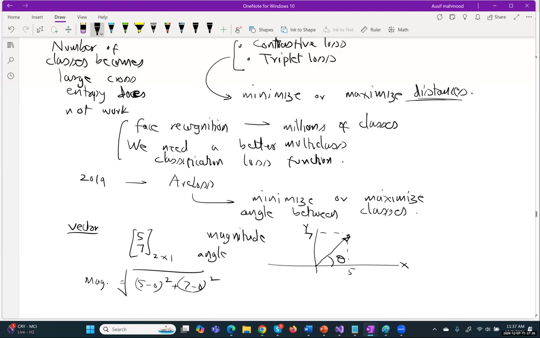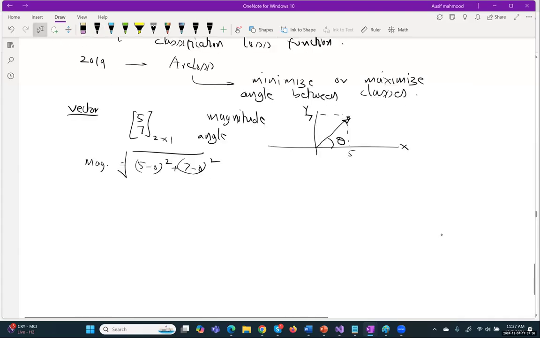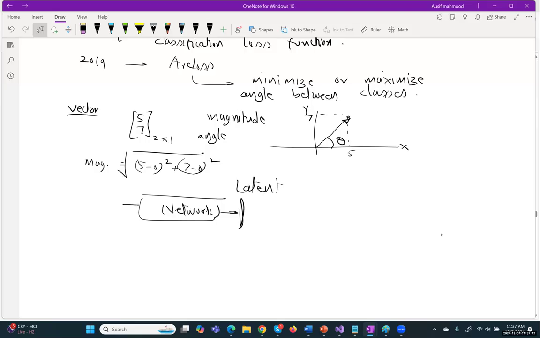So every vector, whether it's in two-dimensional space or 100-dimensional space, has a magnitude and an angle. Let's say we go to some latent space. We have a network over here that produces some kind of latent. We feed in some input, whether it's a face or some image.